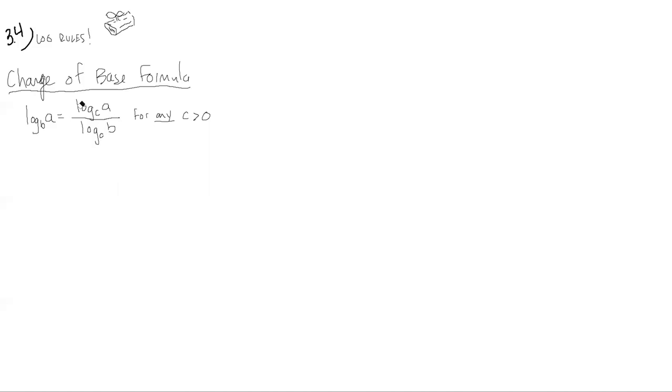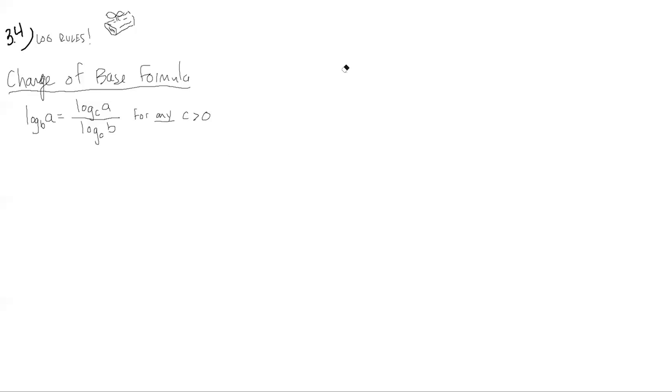And yes, we get log base c of a divided by log base c of b. This statement is true for any c. It doesn't matter. You could choose c equals e, c equals 10, or c equals 135. That's the nice part of it, because we can take anything and rewrite it with ln or log.